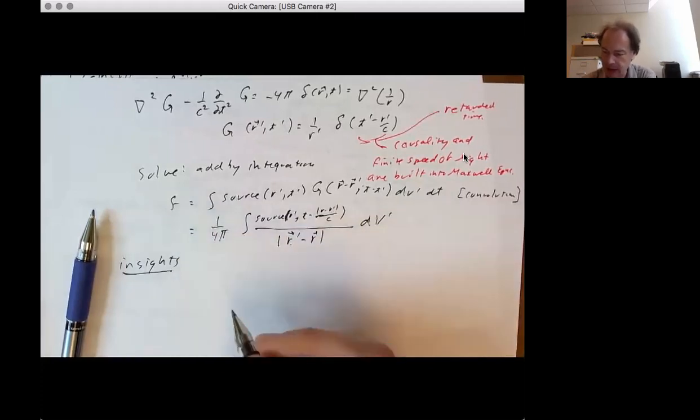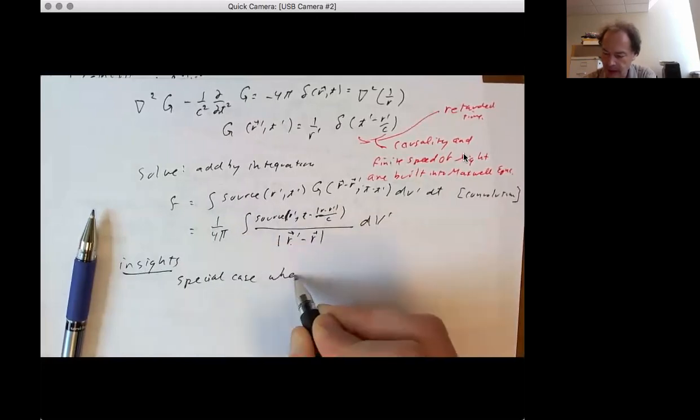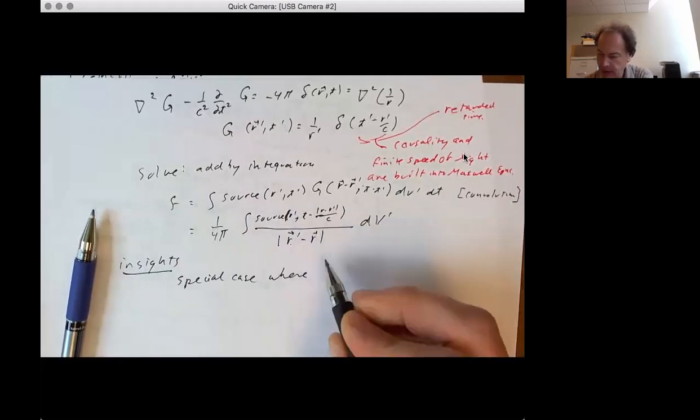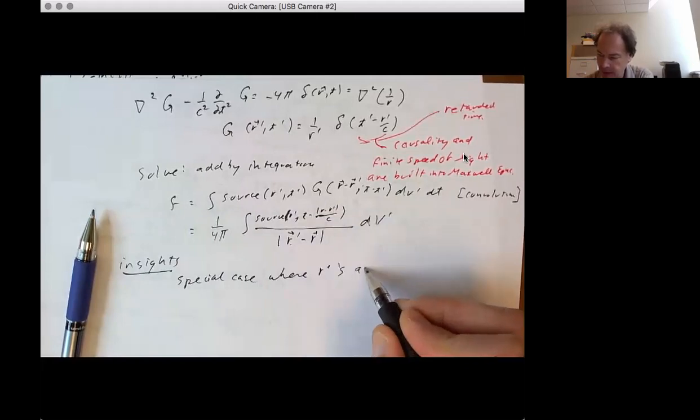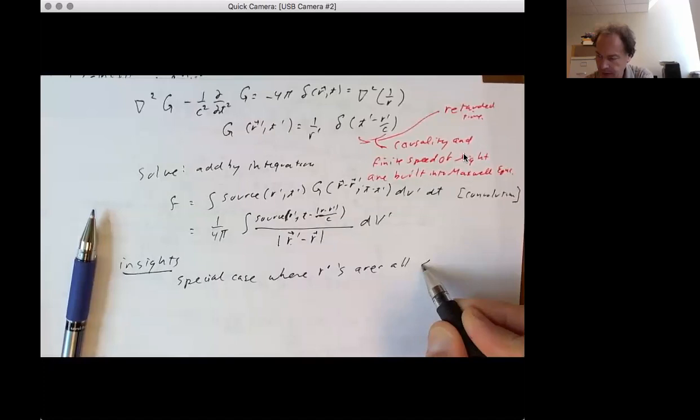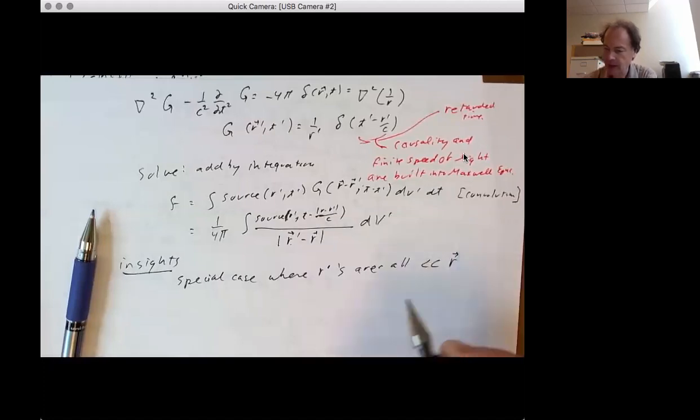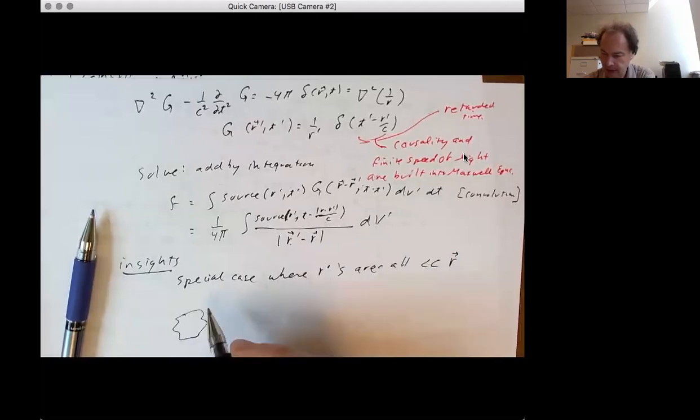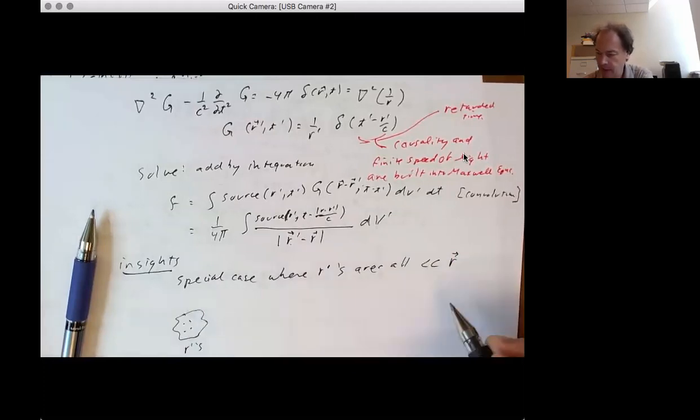So to get some insights into this, let's take the special case where r, r primes, are all much less than r. So I have some localized r primes, so charges. And my observer is over here, and that's r.